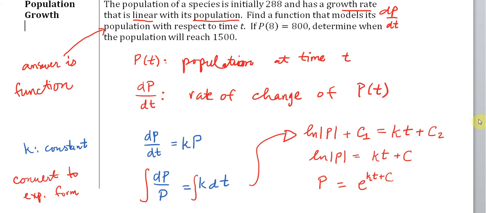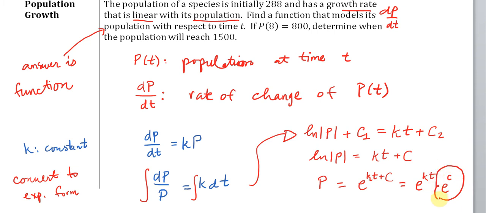And I'm just going to add a little bit more of a wrinkle to this to simplify this equation further. Remember the properties of exponents: whenever you're adding two exponents, what you're really doing is multiplying by the same base. So e to the kt plus c is the same thing as e to the kt times e to the c.